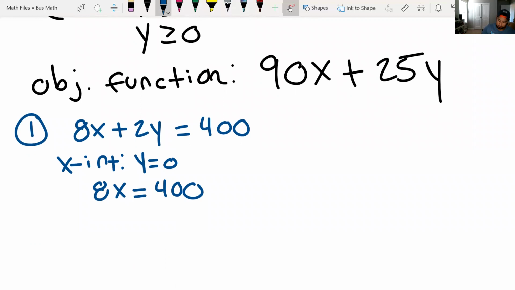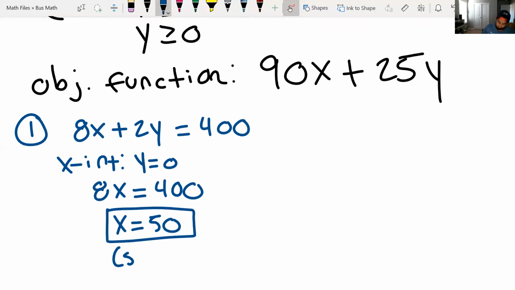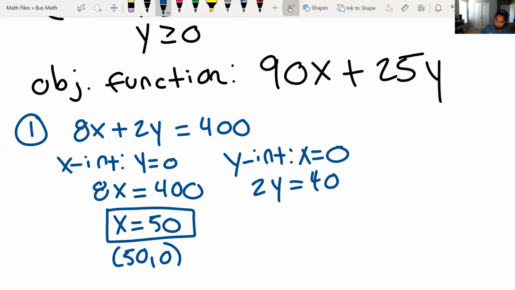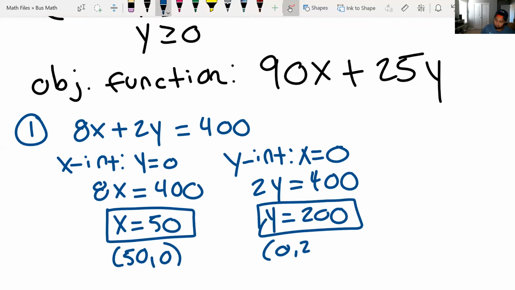Divide by 8, and that should give us 50, so (50, 0). And then y-intercept: 2y equals 400, divide by 2, and y equals 200, so (0, 200). Like I said, don't graph it just yet because we want to find the x and y intercept of the next one so we can make appropriate intervals.